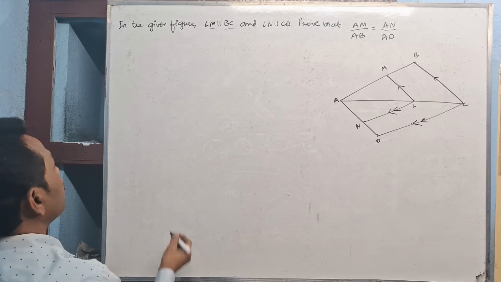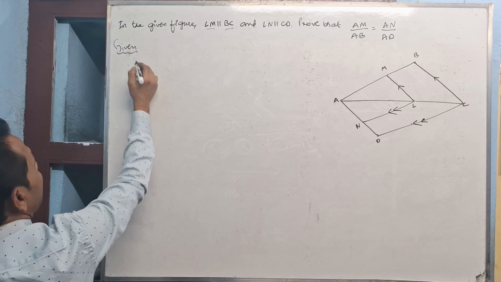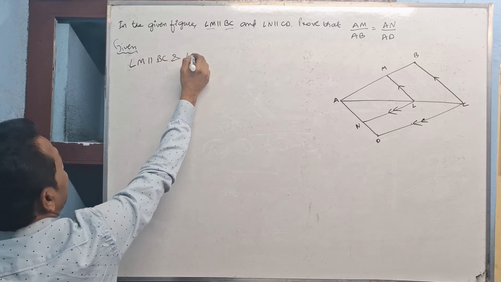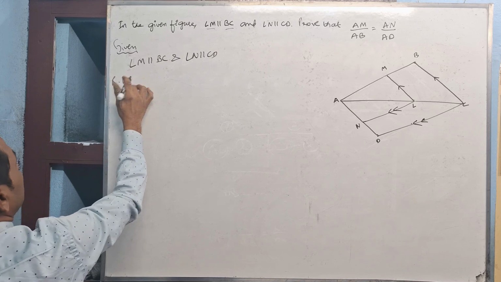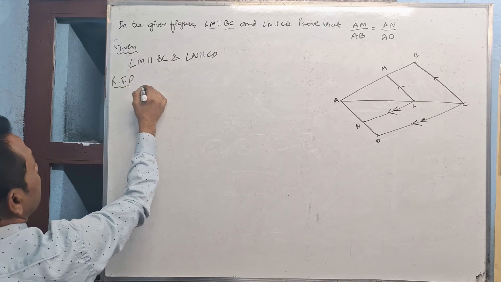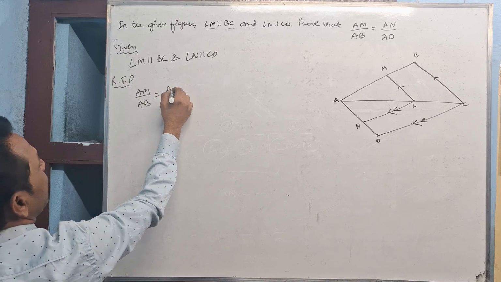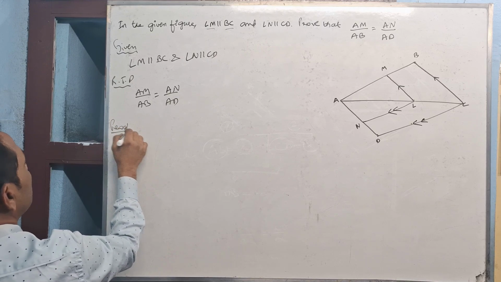Now, in this question, given LM is parallel to BC and LN is parallel to CD. We need to prove that AM by AB equal to AN by AD. Now let us go for the proof.